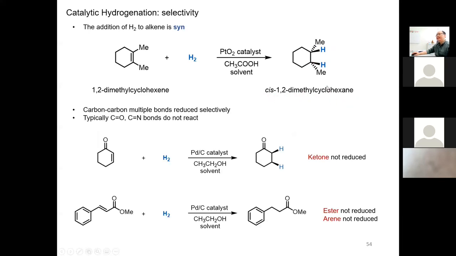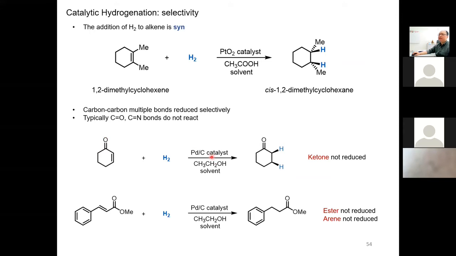Selectivity-wise, there is something we call chemoselectivity here. As this double bond is considered an unsaturated bond, this H2 can add into this double bond. But later you will also learn that the C=O double bond, or this ester, is also an unsaturated motif.